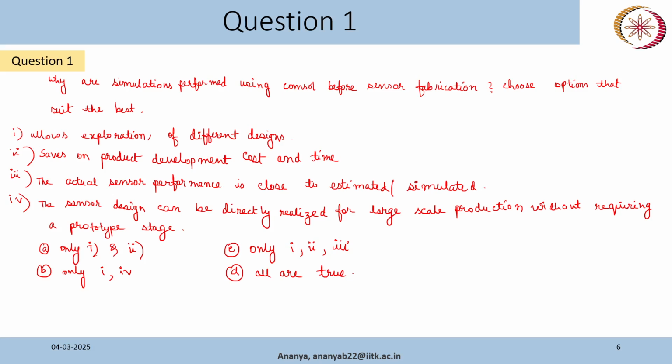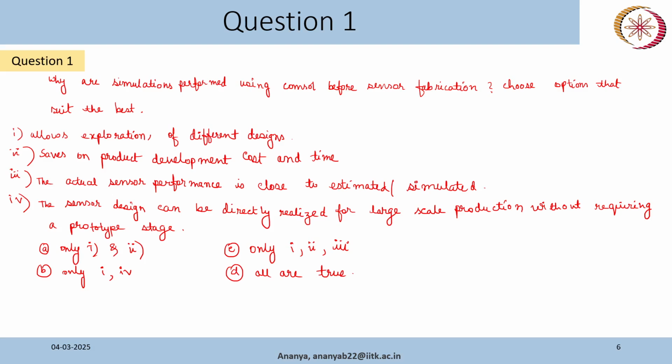So the first option, allows exploration of different design. That is correct. We can play around with our design and our material, whichever is less difficult, less complex and less costly, because if you use a different material, the cost can be different, especially when you go for large scale fabrication, the cost can vary significantly.